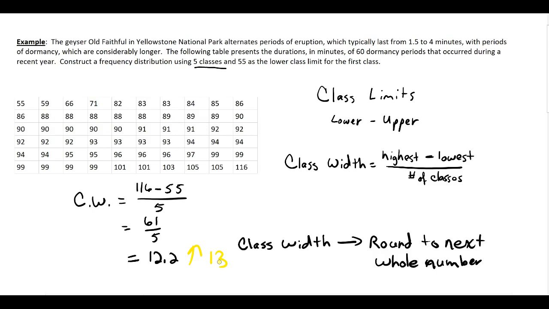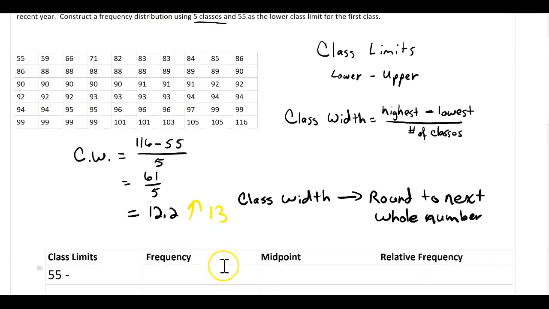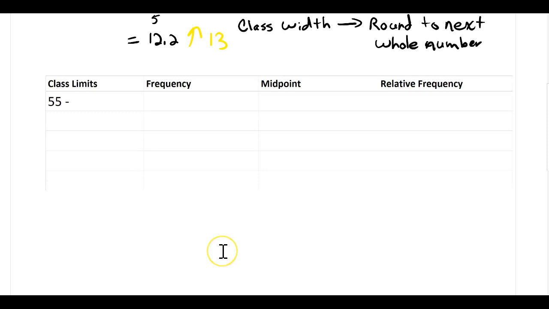for our class width. Now, when we discuss class width, what we're going to do is we're actually going to add the class width down. It's not the difference between the lower limit and the upper limit, it's the difference between each lower limit. So I'm going to take 55 plus 13, and that's going to give me 68.